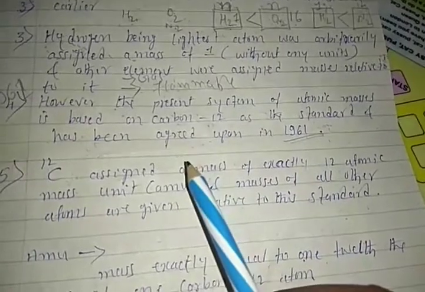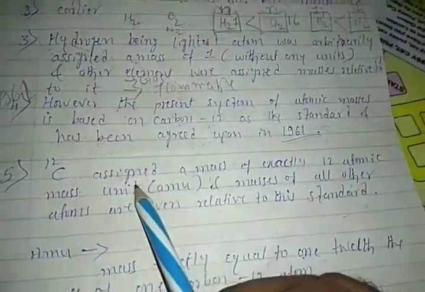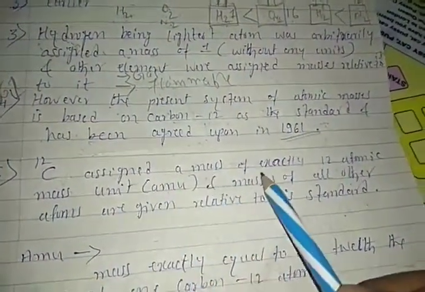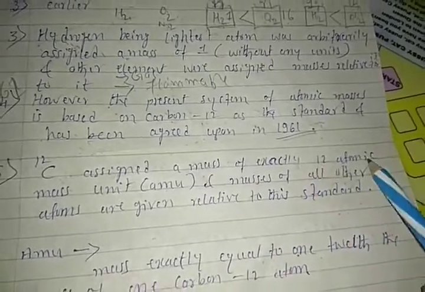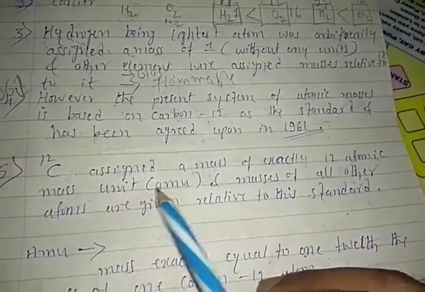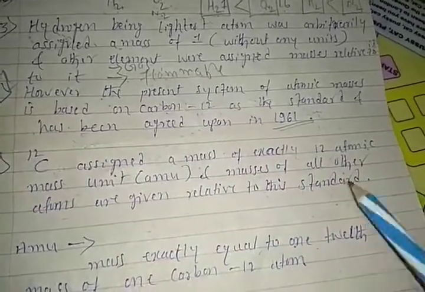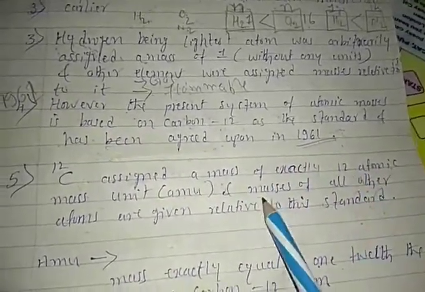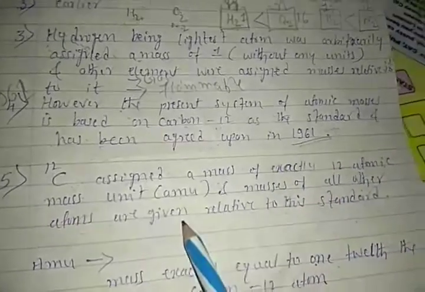One carbon atom has a mass exactly equal to 12 atomic mass units, and the masses of all other atoms are given relative to this standard atom. The masses of other atoms are calculated with respect to the 12 atomic mass units of the carbon atom.